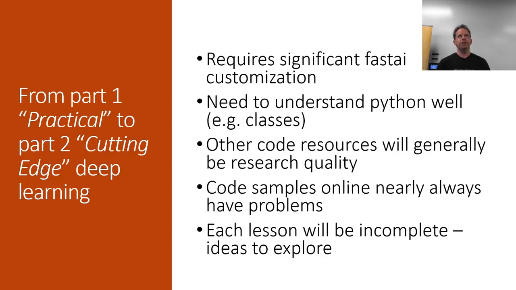So be careful of taking code from online resources and assuming that if it doesn't work for you that you've made a mistake or something. This kind of research level code is just good enough that they were able to run their particular experiments every second Tuesday or something. So you should be ready to do some debugging and so forth.